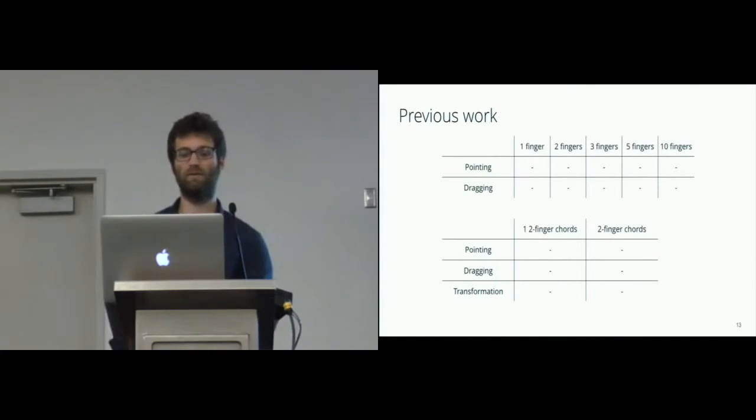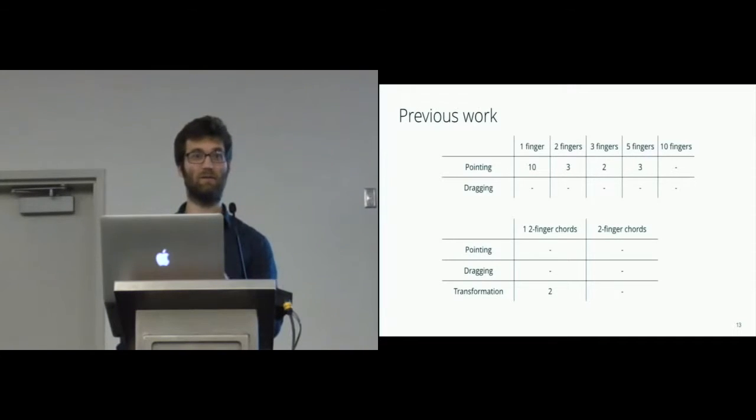So we looked at previous studies comparing performance with the touch modality, and some studies did not control which fingers were used. Some reported it, and some controlled it. Among those which controlled it, most were pointing using only one finger.